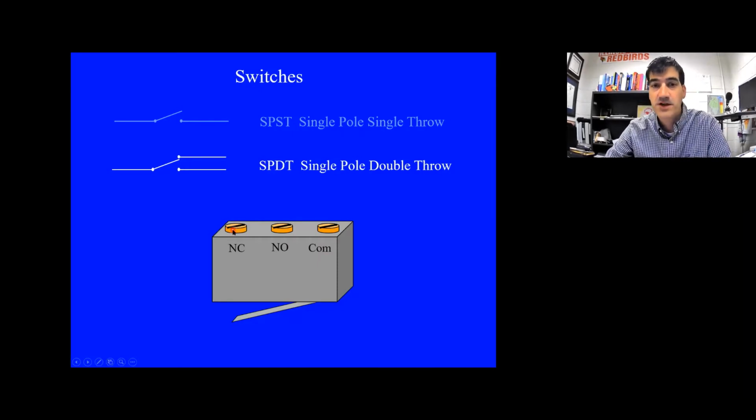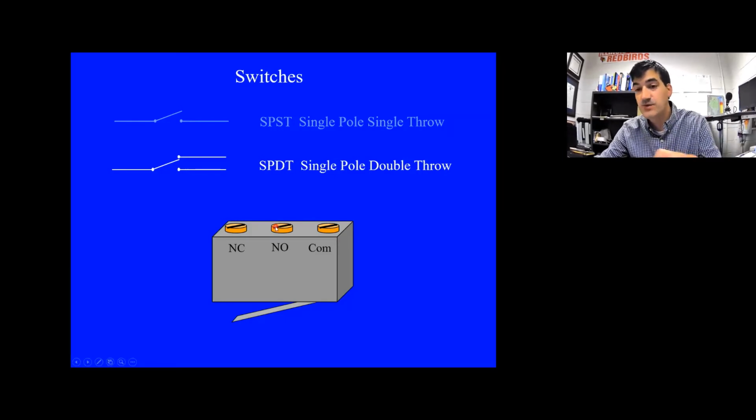The other is the normally open connection. That's this one right here. So in its normal state, when you're not pressing on anything or activating or energizing anything, normally this connection right here is open. It's not connected to anything. All right, and that would correspond to this screw terminal right here.